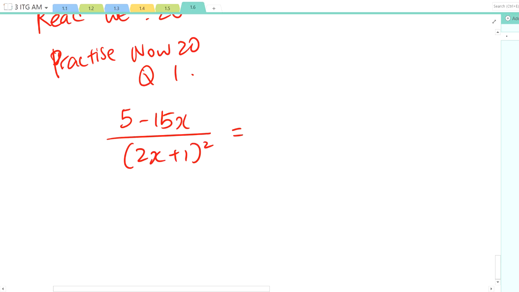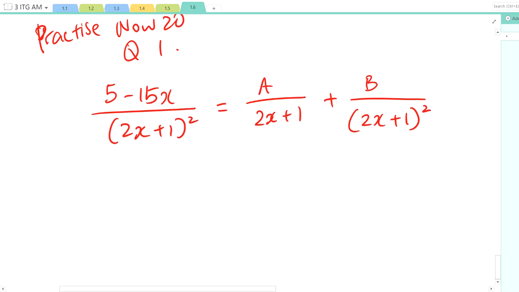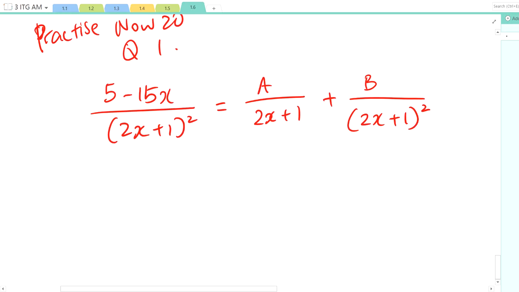Straight away, you must be able to write down this is equals to A over 2x plus 1 plus B over 2x plus 1 squared. Then multiply throughout by the denominator, which is 2x plus 1 squared. We're going to end up with 5 minus 15x equals to A times 2x plus 1 plus B.